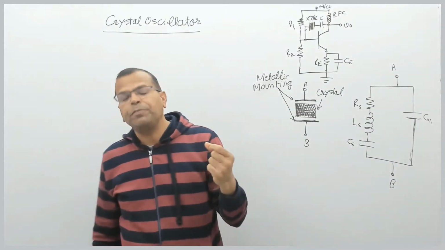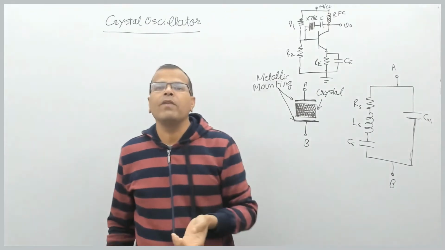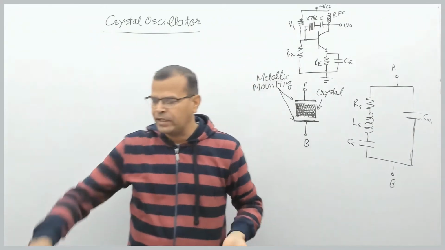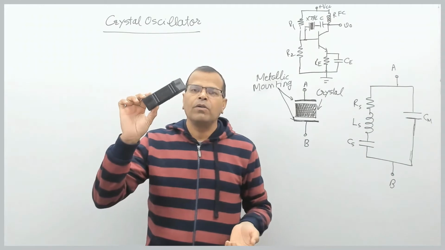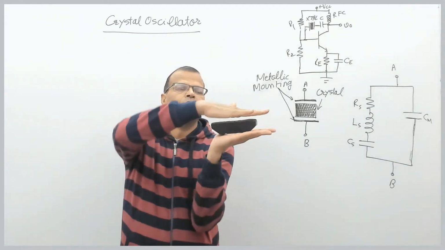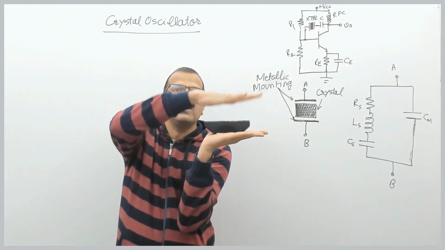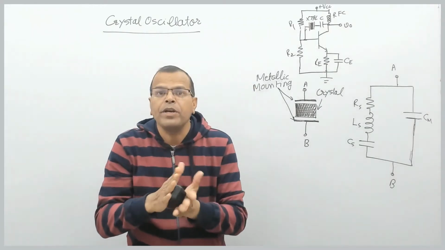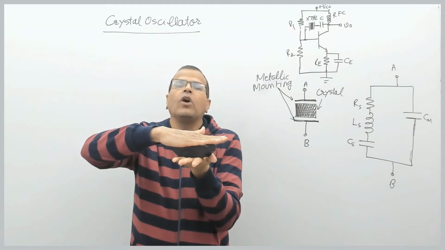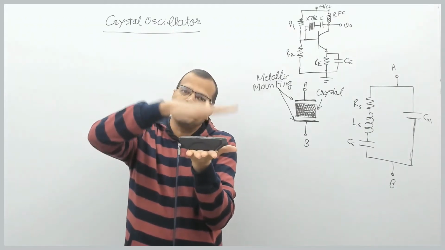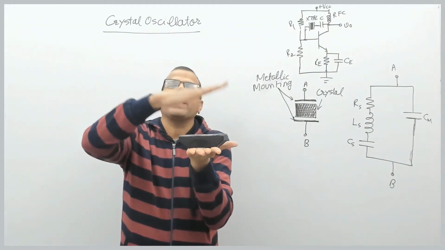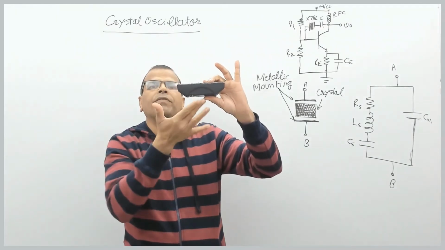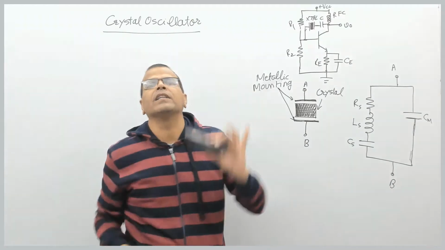The property of a piezoelectric crystal is that when it is subjected to mechanical stress, and that stress should be dynamic in nature, a voltage is induced between the faces of the crystal, this face and this face.